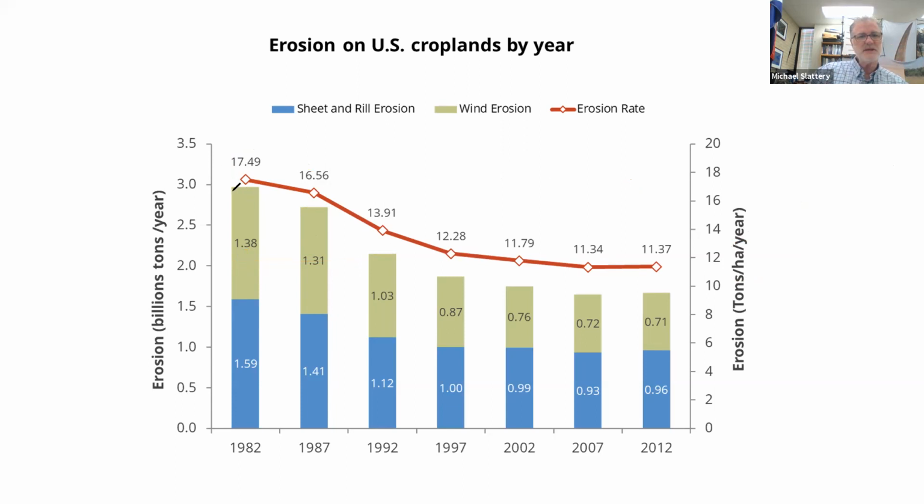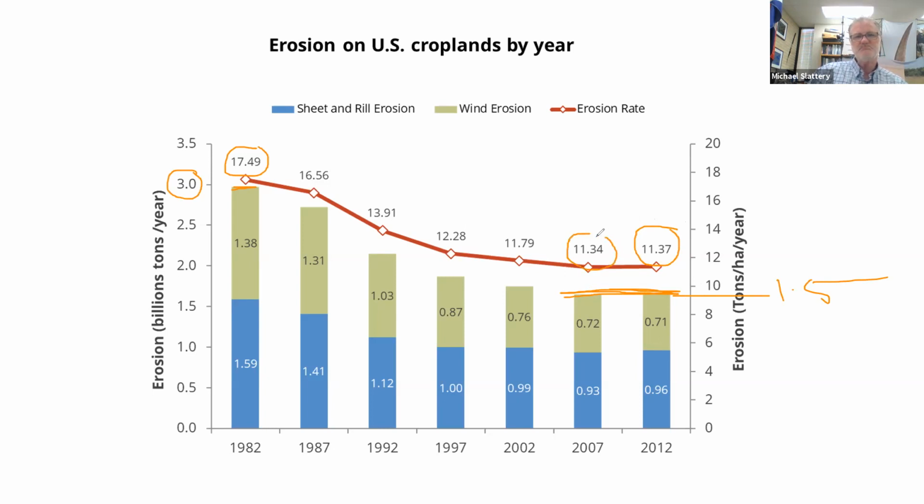Well, you can see that in the 1980s, we were losing about 3 billion tons of soil per year and upwards of 17 tons per hectare. And for this decade here, we're pretty static down here at about 1.5-ish billion tons per year, a little bit more than that, or about 11 tons per hectare per year.